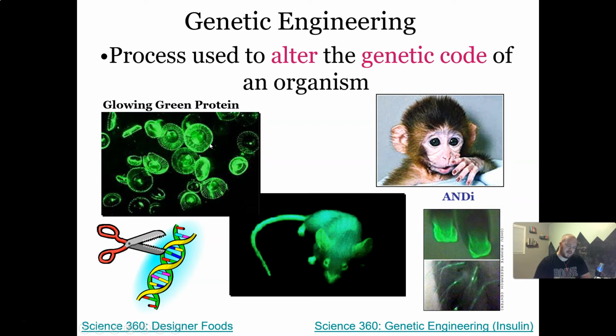We found the gene that made jellyfish glow green, cut out that DNA, and inserted that DNA segment into a lab mouse. And when we did that, it glowed in the dark. We even did this to a monkey and a pig. I could do this in the classroom to bacteria, but I don't have the ability to.